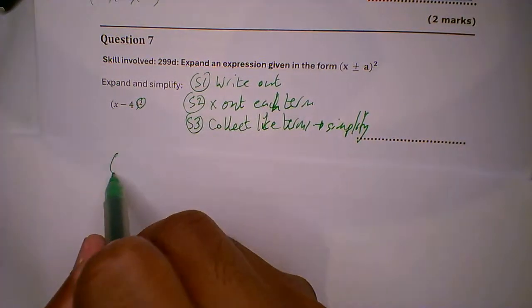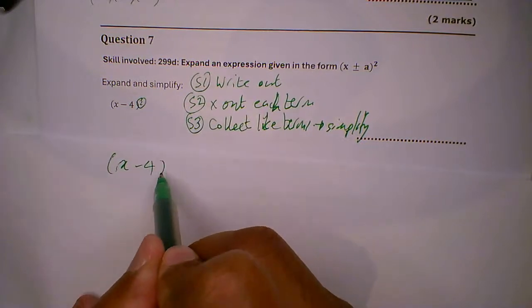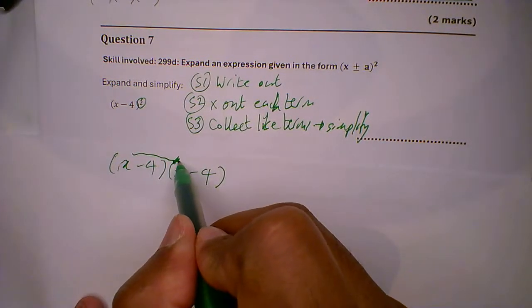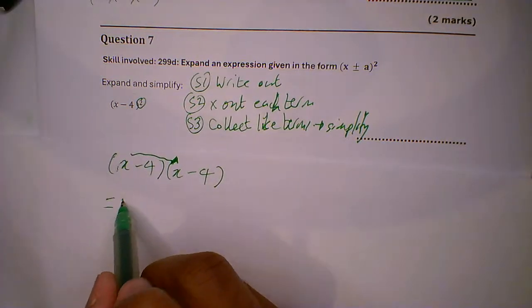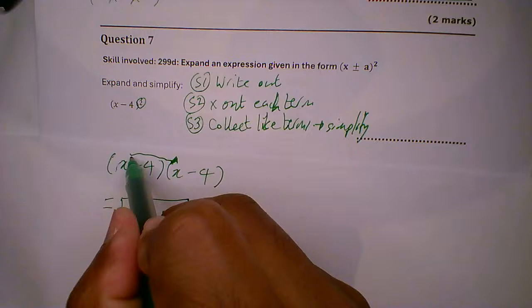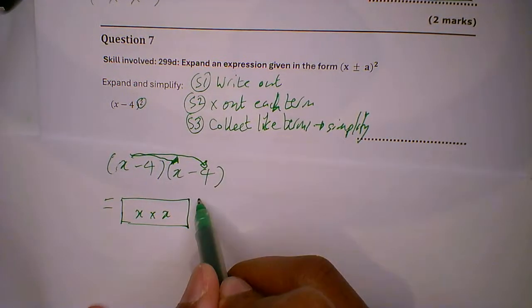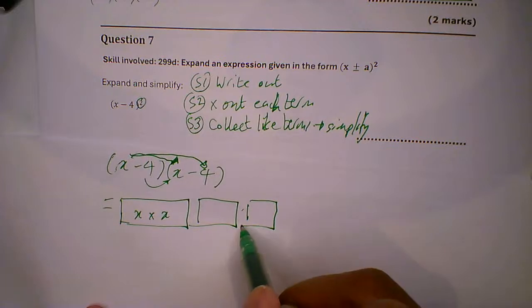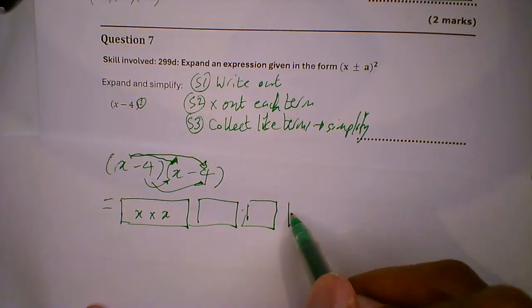So I've got x minus 4, x minus 4. So this is x times x, second term, a third term, and then a fourth term.